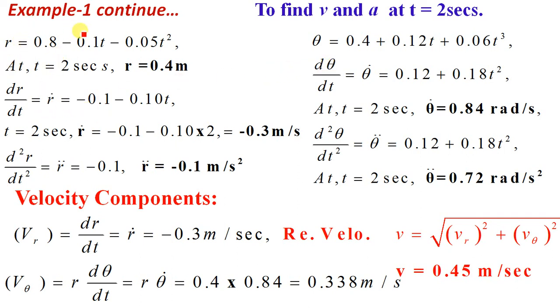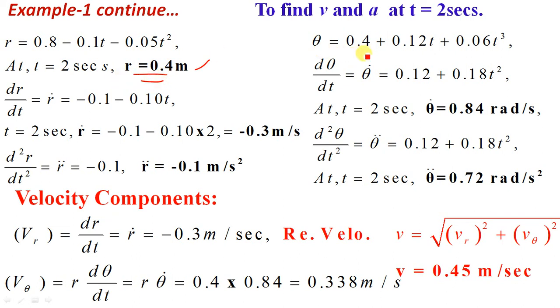So now we have to find v and a at t equal to 2 seconds. Now r is known: at t equal to 2 seconds, r is equal to 0.4. Substitute the value t equal to 2 in this equation and you will get the position at t equal to 2 seconds, that is 0.4.